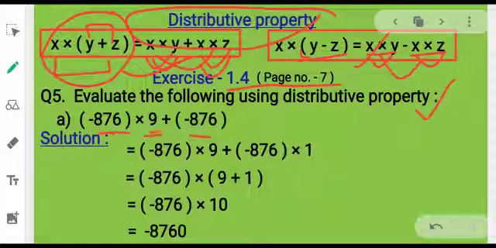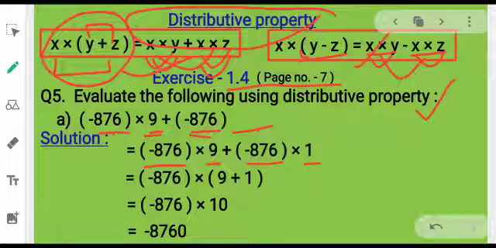So in the first line of solution, we have minus 876 multiplied by 9 and minus 876 multiplied by 1. I write here 1 because we know the multiplicative identity: if 1 is multiplied to any integer, it remains same. So I write multiply by 1 to make it x multiplied by y plus x multiplied by z.